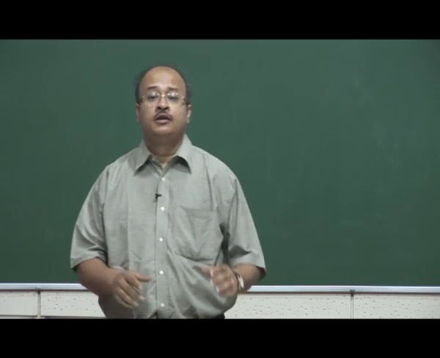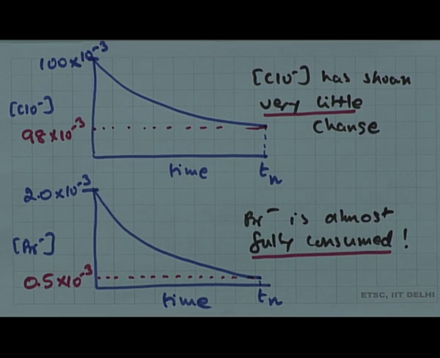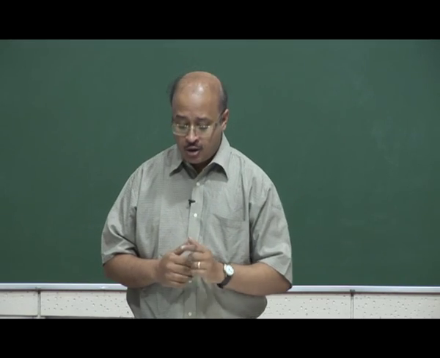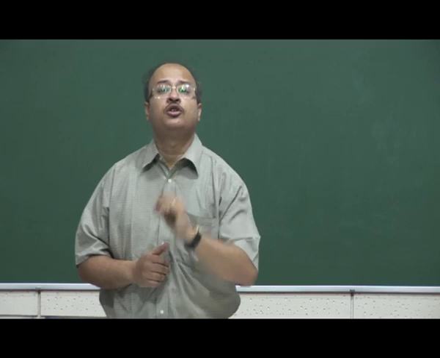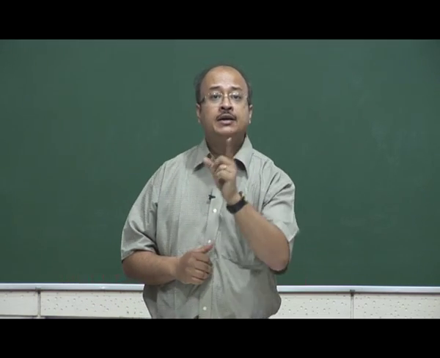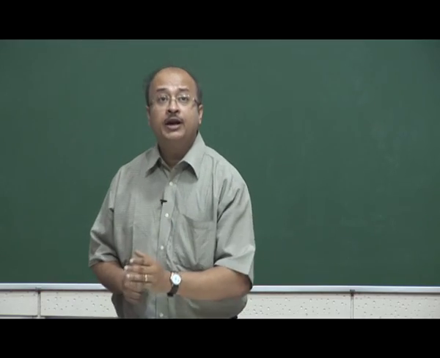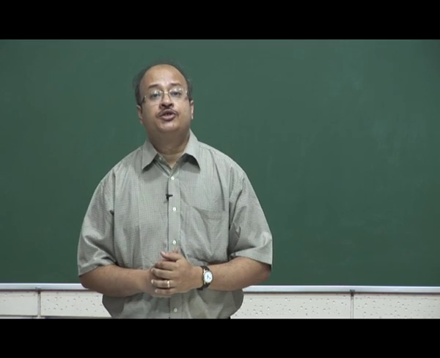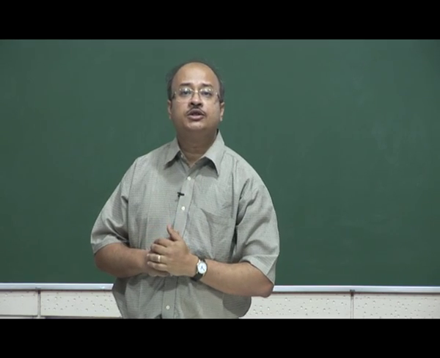So again, based on the kinetic profiles, what you have seen out here is that the bromide concentration has changed significantly, but the concentration of hypochlorite ClO minus has almost not changed at all, very little change. And under these conditions we can say that the concentration of ClO minus has essentially remained constant, to the extent that we go ahead and make the approximation that the concentration of ClO minus is approximately equal to the initial concentration we started with.